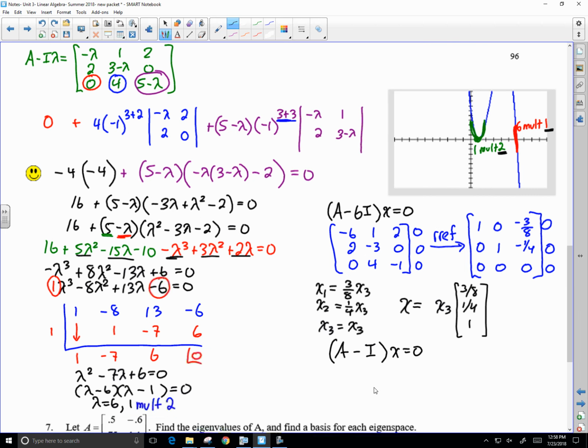The next one just has a bunch of ones plugged in, so negative 1, 1, 2, 2, 2, 0, 0, 4, 3.